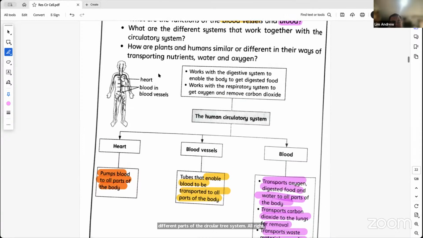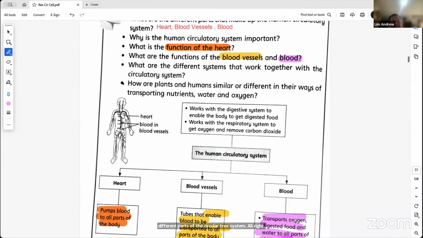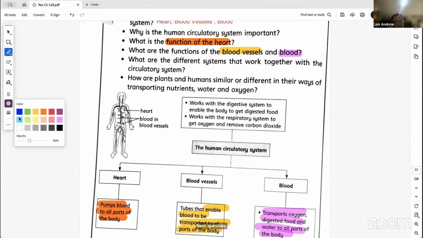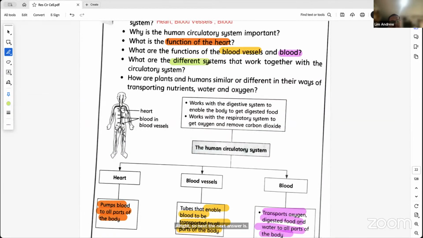Okay, good. Without further ado, let us continue. Next question. As you can see, the answers are all in one page. So the next answer is, how do different systems work together to, okay, so here.